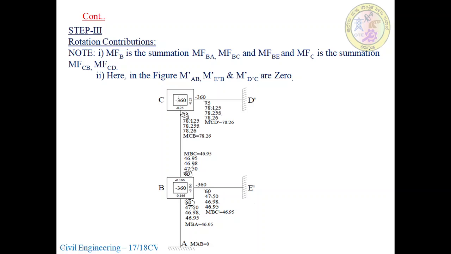When you have the same rotation factor, there is no need to calculate again. For joint B, only CB will be the far end value. For all these three members, only M dash CB will be the far end value. For joint C, instead of 3, only M dash CB is the far end value.